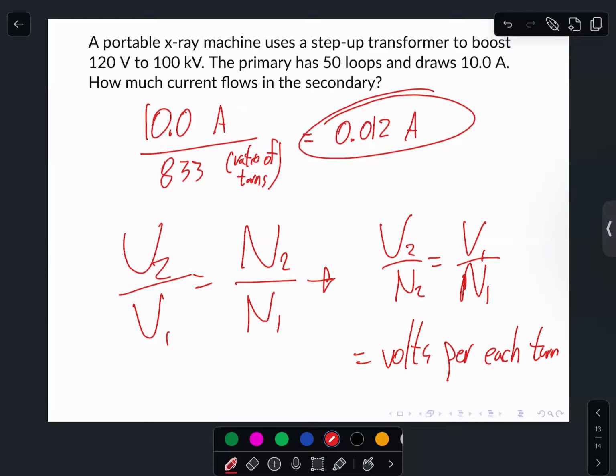We say that the voltage, delta phi over delta t, the induced voltage, simply exists, and every turn picks up V2 over N2, V1 over N1, V3 over N3. There could be 3 output transformers. If you've got a ton of turns, you multiply that by the number of turns, and that's your total voltage.